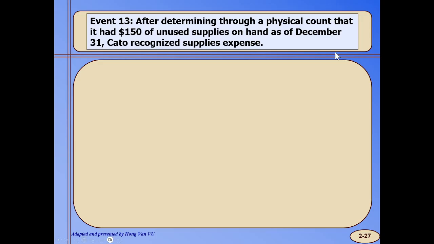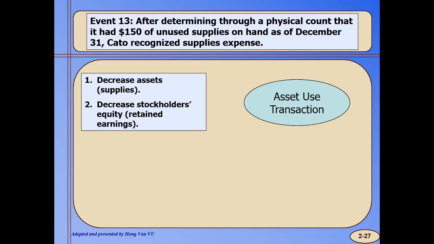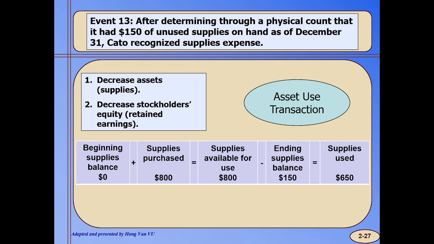Now we look at another transaction. After determining through a physical count that it had 150 unused supplies on hand as of December 31, the company recognized the supplies expense. So you know that at the beginning the company had a beginning supplies balance of 0.